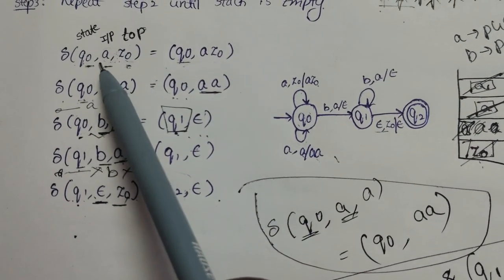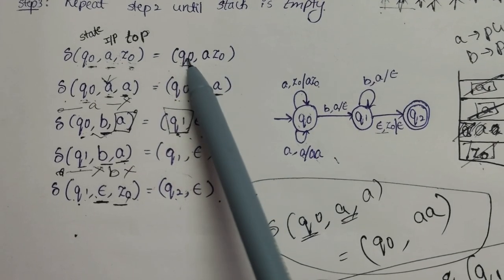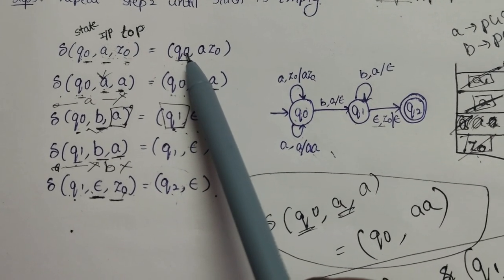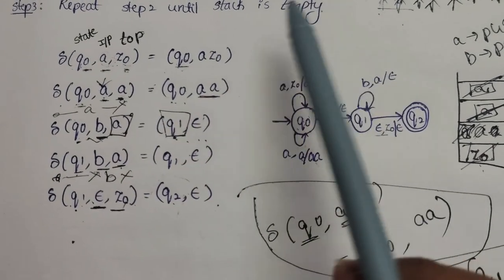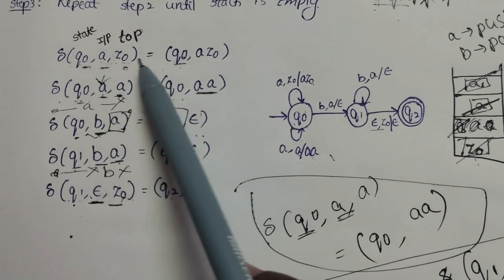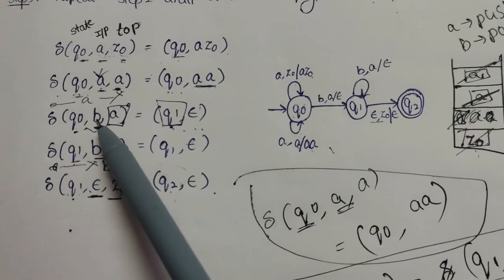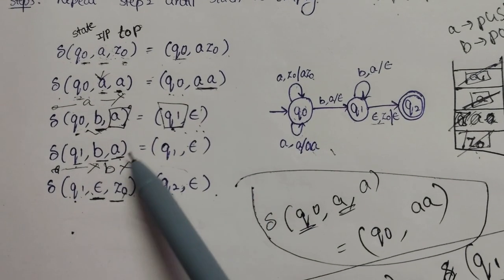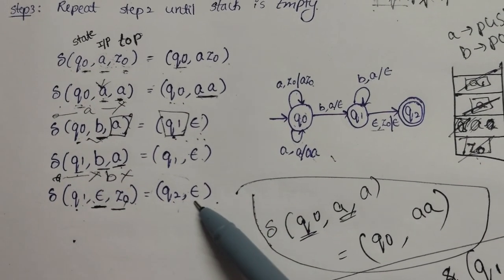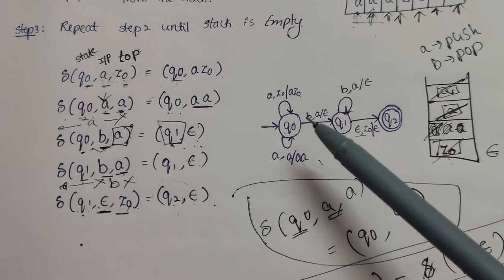It's just that: write Q0 to Q0, draw a transition, a line or loop, whatever it is, and then write A comma Z0 slash AZ0, A comma A slash AA, B comma A slash epsilon, and epsilon comma Z0 slash epsilon. This is the transition diagram. Thank you.